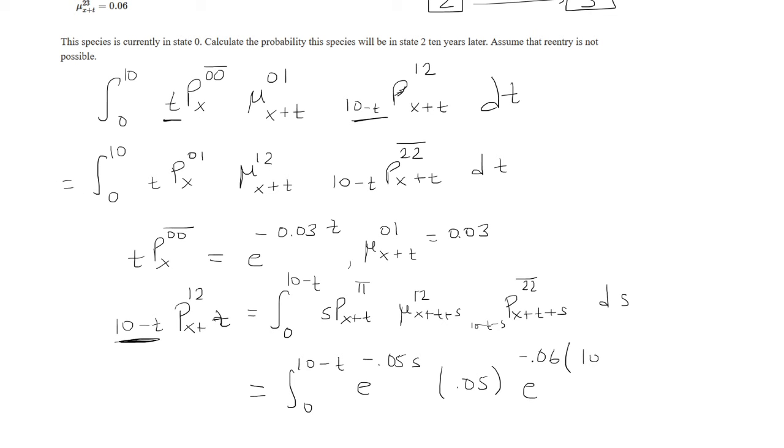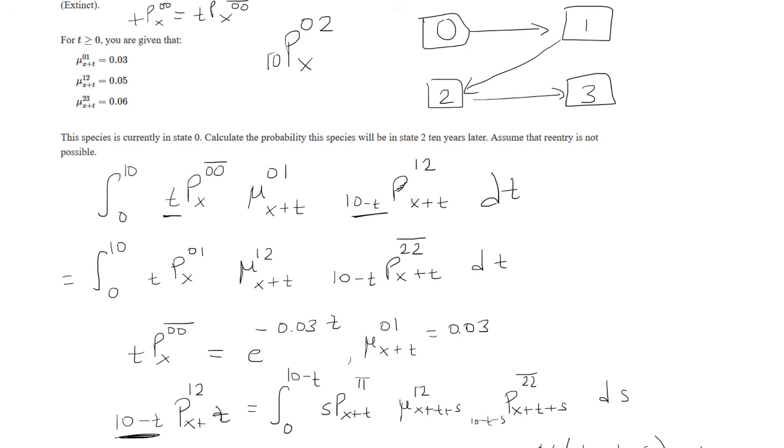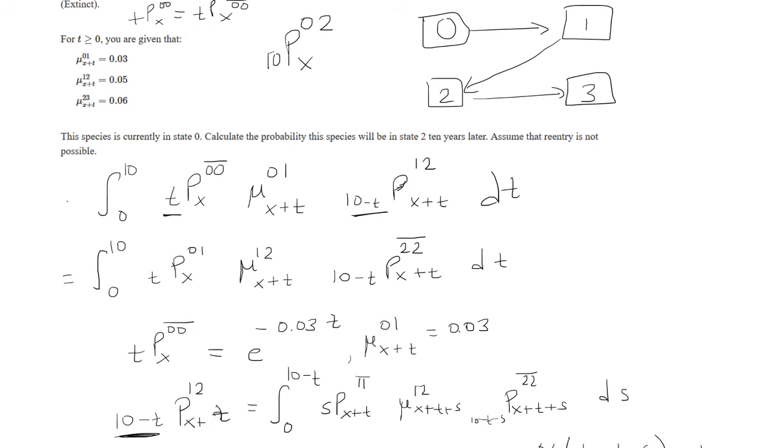And then we're just going to have 10 minus t minus s, ds. And so now we just integrate it. We're going to treat the t as a constant here. So that's what that is. The next thing, so those are all the pieces for the first integral. So then you just put it all together and integrate from 0 to 10.